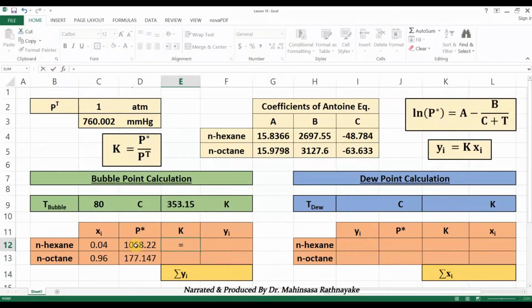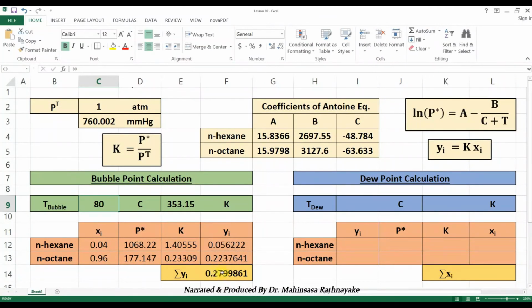Then apply the calculation for K value at the assumed temperature. After that, calculate the vapor mole fractions and the sum of vapor mole fractions. We can observe that the sum of vapor mole fractions is not equal to 1. So the assumed temperature is not the bubble point.